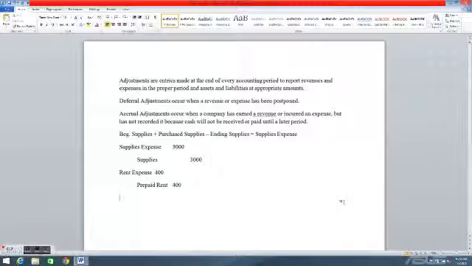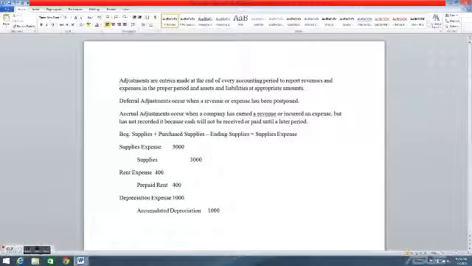So this journal entry requires a debit to depreciation expense, and I'm going to say $1,000 here, and then a credit to an account called accumulated depreciation. And that's because the depreciation occurred in the period, so the expense is incurred and therefore it needs to be expensed this period, just like with the rent.